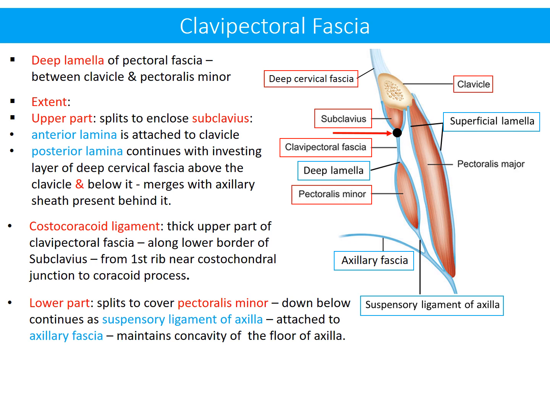In its lower part, the clavipectoral fascia splits to cover the pectoralis minor, whereas down below it continues as the suspensory ligament of the axilla and is attached to the axillary fascia. In this way, it maintains the concavity of the floor of the axilla.